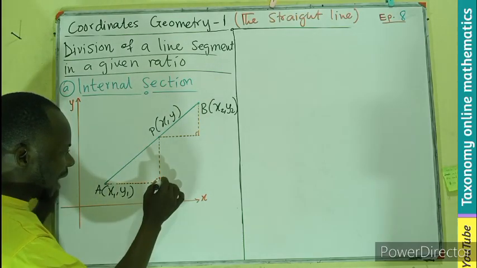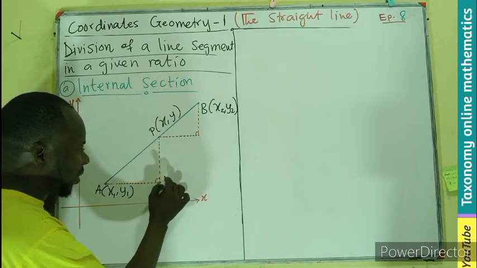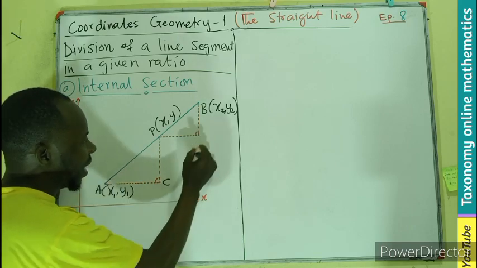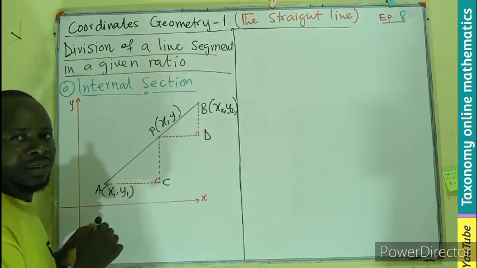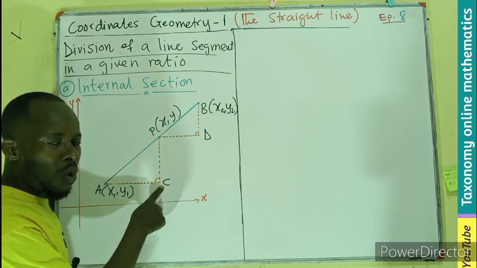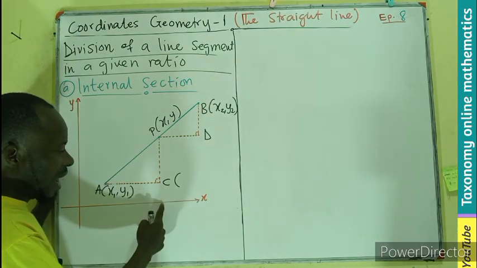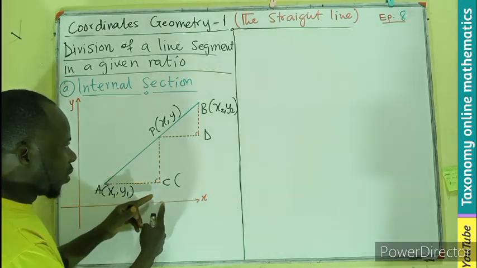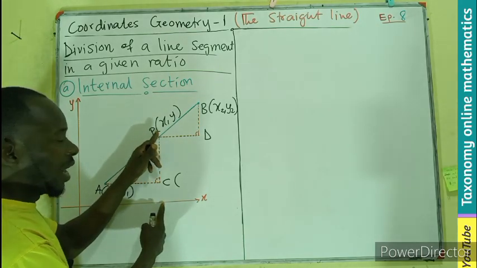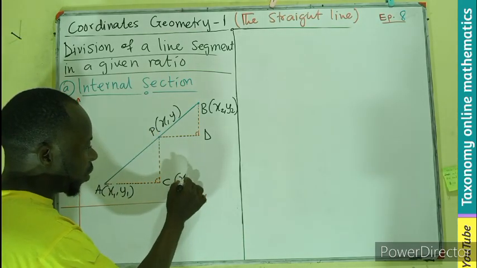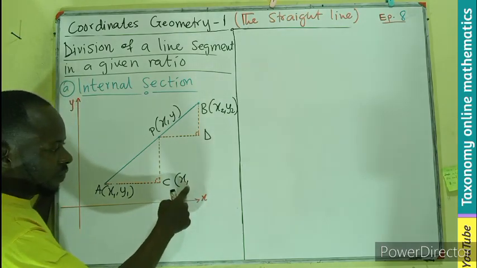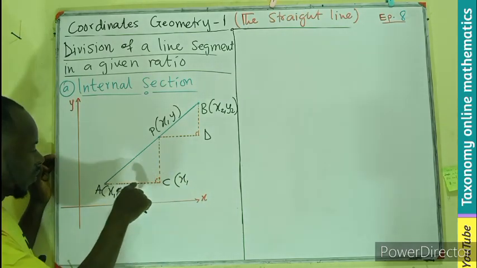Now let's label here A, B, C. So let's pick the C first, then pick D. Now, if I want to find the coordinate of the point C, I am going to find the value on the x-axis first, which is the same value we have there as x. What will be the y value?